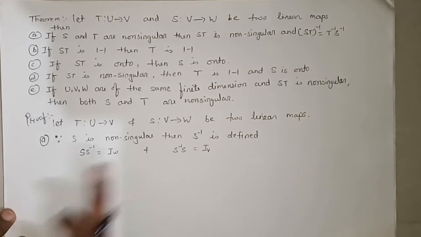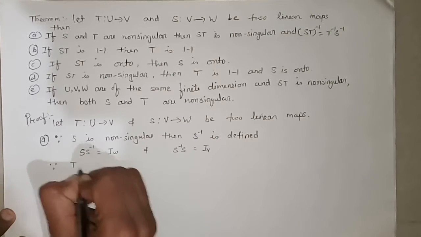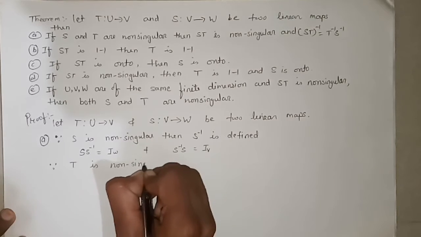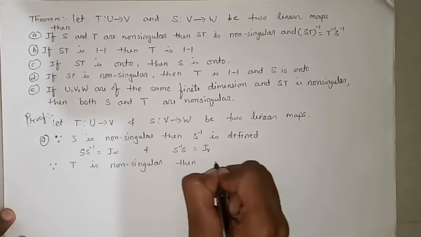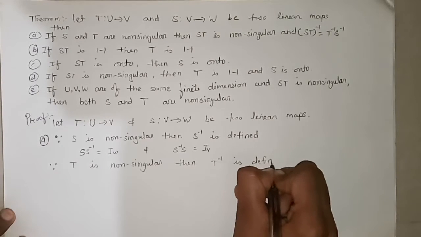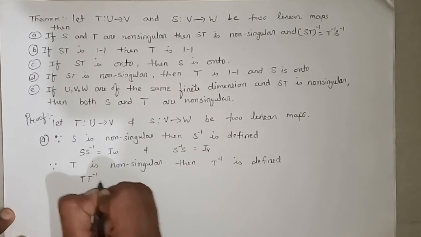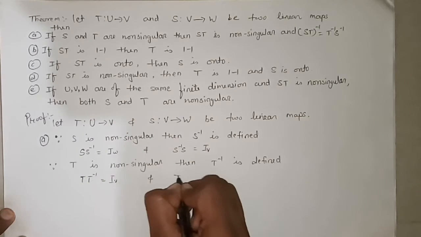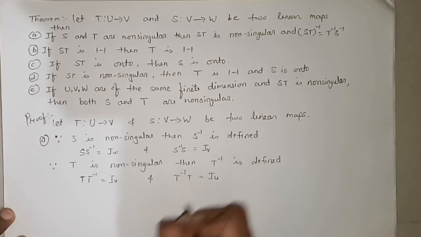Again, since T is non-singular, T inverse is also defined, and then the composition of T and T inverse is IV and T inverse T is IU.